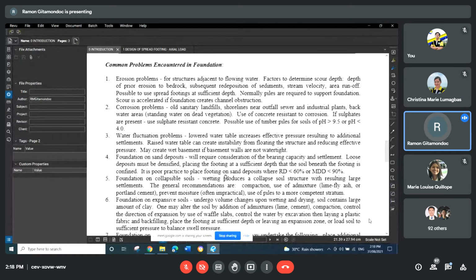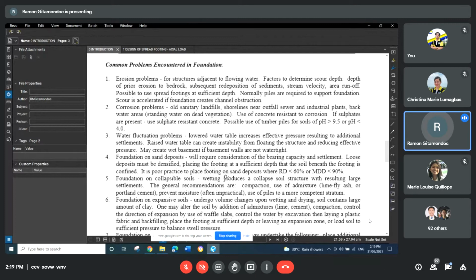Then second is the corrosion problem. For structures which are situated near old sanitary landfills, shorelines near outfall sewer and industrial plants, the wastewater might contain some highly corrosive chemicals. Although government regulation requires that they are not allowed to discharge waste without treatment into the environment.